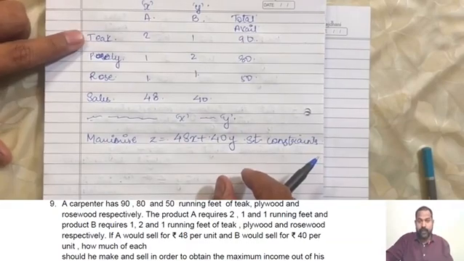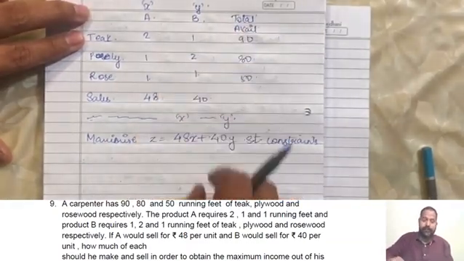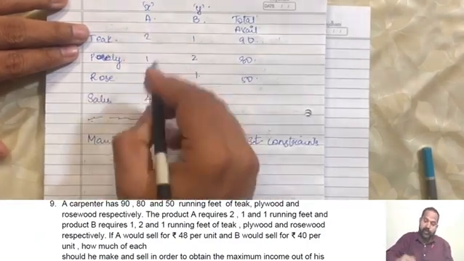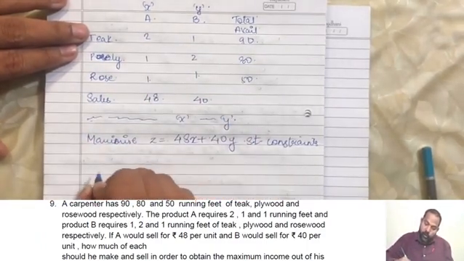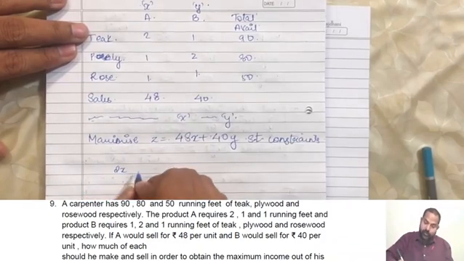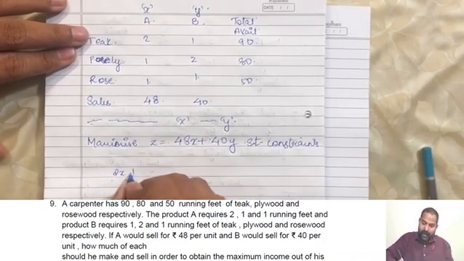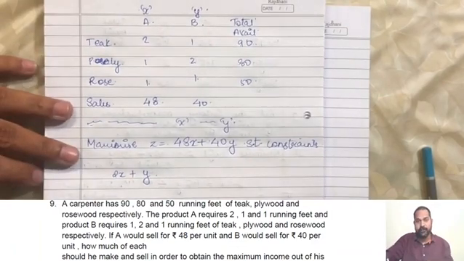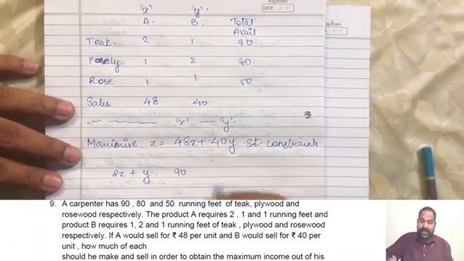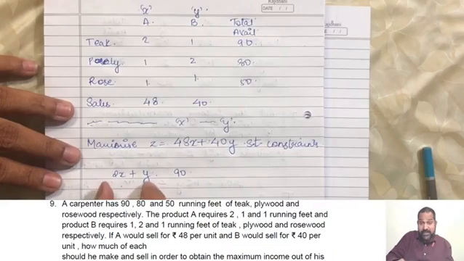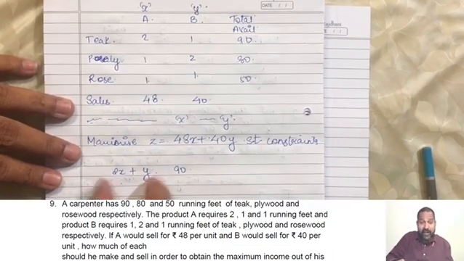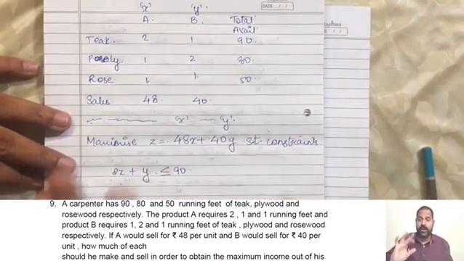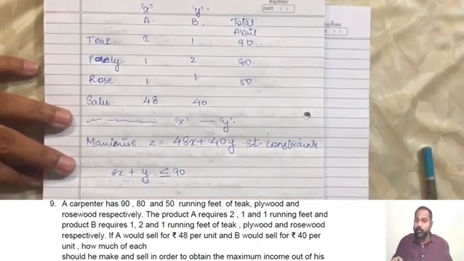Number 1. Teak availability is only 90 feet. How much do you require? Well, I am making X units of A. So I require 2X units of teak wood for A and 1Y or Y units of teak wood for B. The total availability is 90, which means this total always has to be either less than or equal to 90. Don't cross 90. I don't have anything more than 90 to give you.